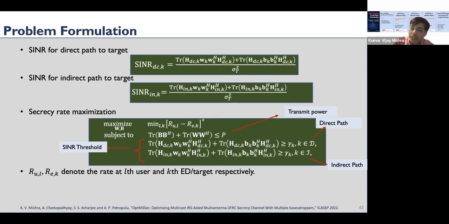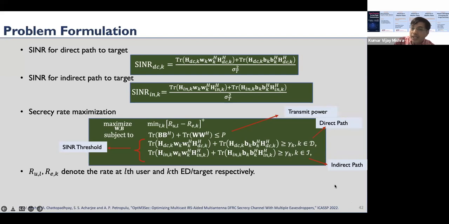But then we subject it to power constraints, because, like I said, the power has to be higher than a certain level so that the targets are detected, which are these two constraints that you see. It is higher than a certain power, and we do it for the direct path. Like I said, we partition the targets into two parts: one is the direct path and one is the indirect path.